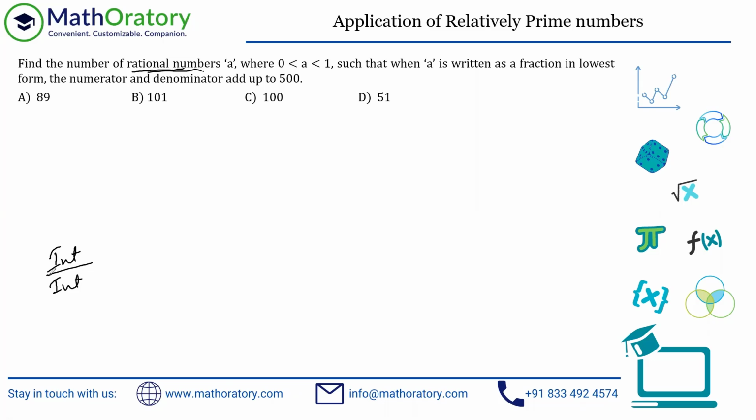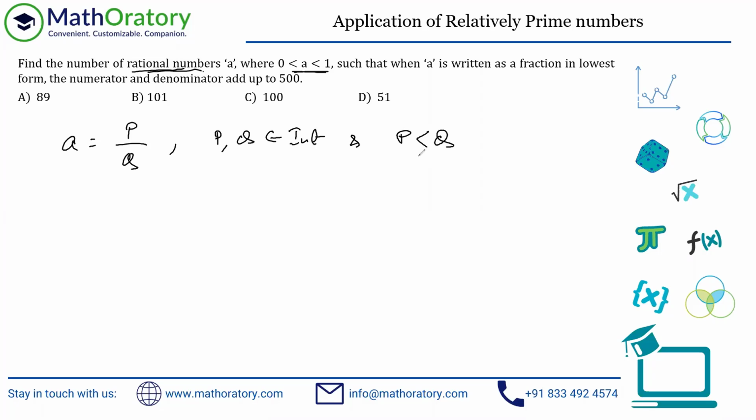So find the number of rational numbers a where a is a fraction. This is a proper fraction, by the way, lying between 0 and 1. So effectively, we are trying to find a which is of the form p by q, where p and q are integers because it has to be a rational number, and importantly p has to be less than q, because we are looking for a proper fraction lying between 0 and 1.